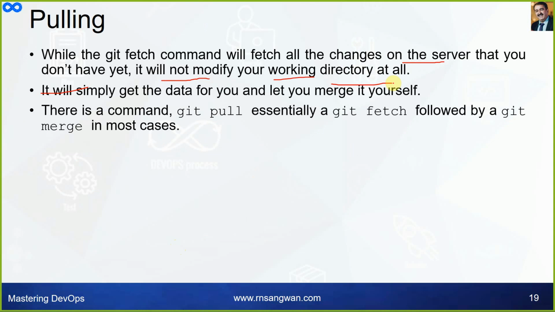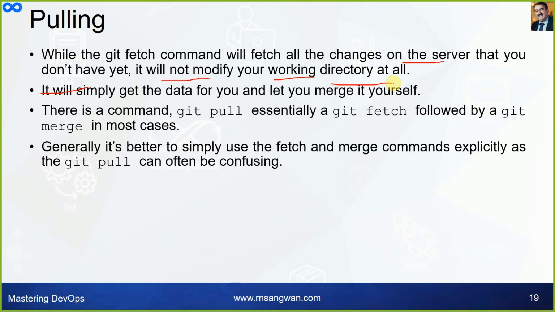But to help you out, there's a command called git pull. Essentially, it's nothing but git fetch followed by git merge in most cases. So it is better to simply use fetch and merge commands explicitly, as git pull can often be confusing.